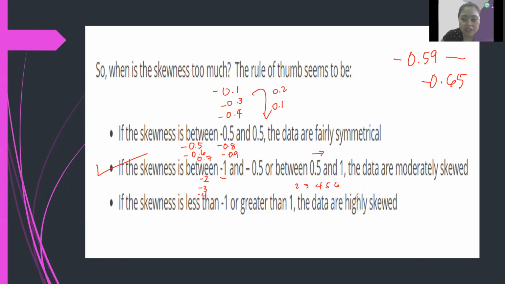Hindi mo na siya ma-determine whether your data is normally distributed or not. Now, paano kung nagkamali kayo, nakalagay sa data ninyo na it is fairly symmetrical? So, nag-parametric testing kayo when supposedly parametric test should not be used. Kasi ang totoo, skewed talaga ang data mo. So be careful with the mean, the median, and the standard deviation.